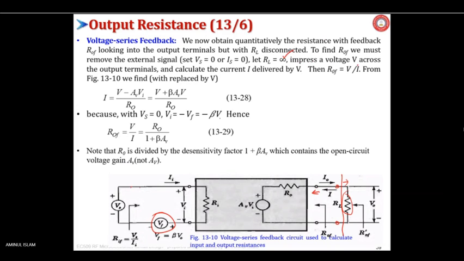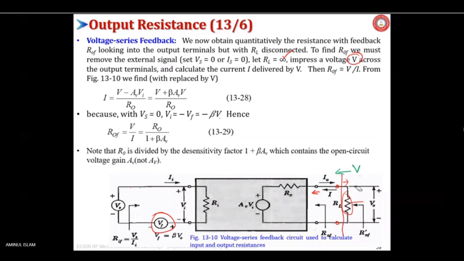Not only do you remove it, you connect a voltage source here, V, or you can denote it as Vx, doesn't matter. Here in this case, V is written.